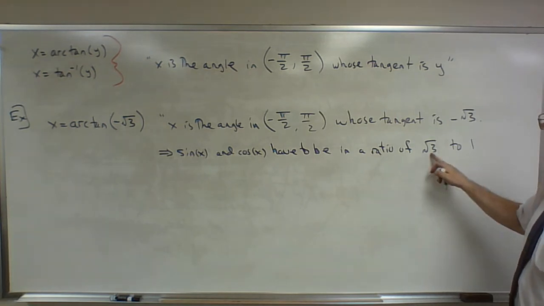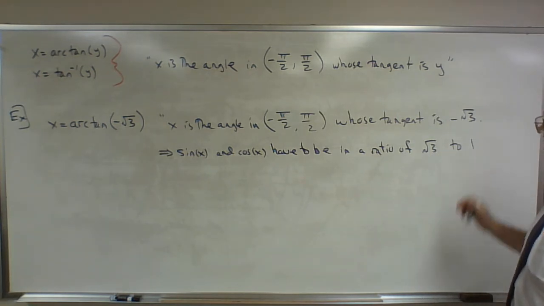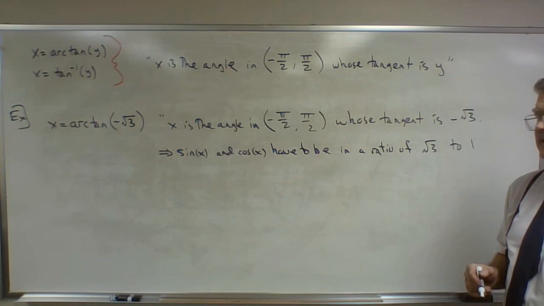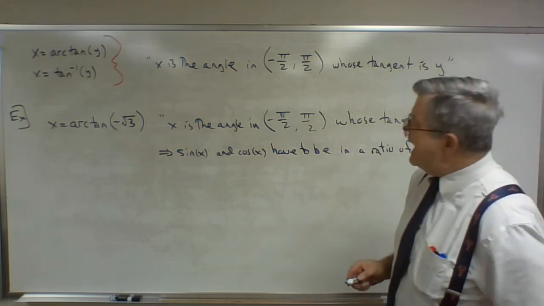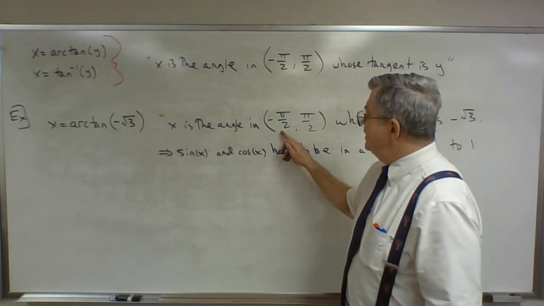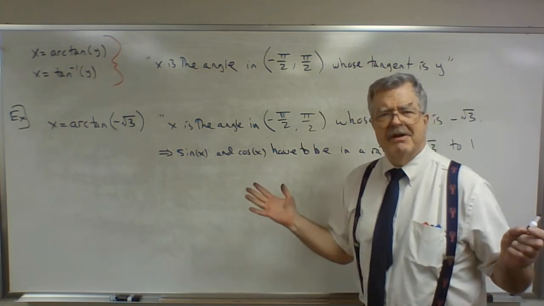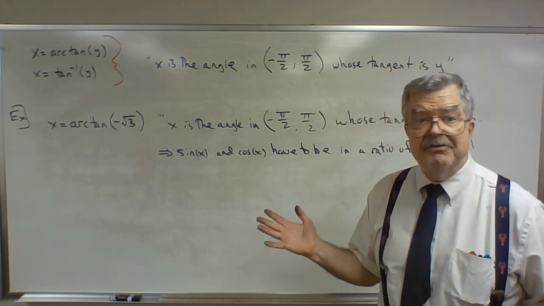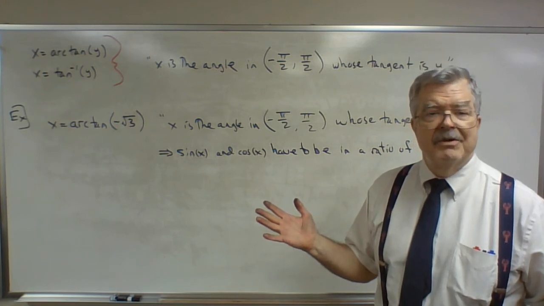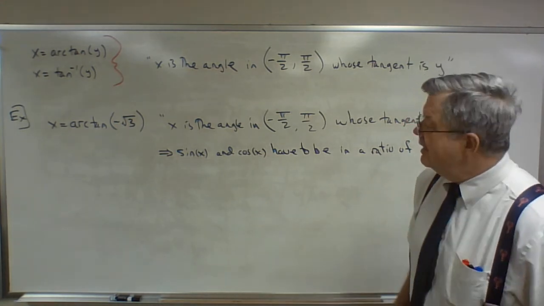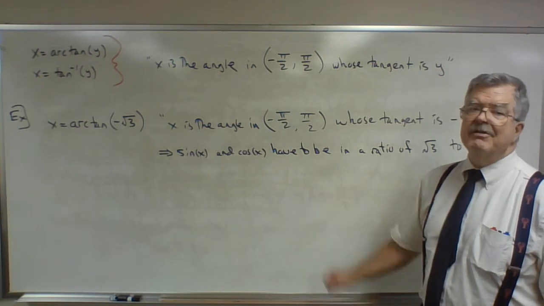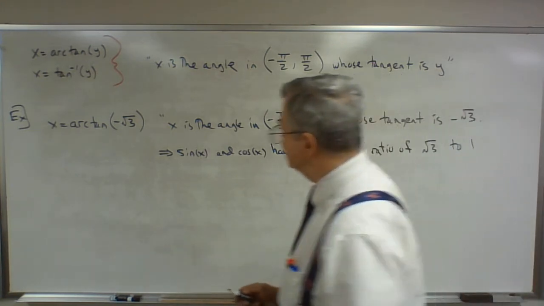And we want sine and cosine to be in a ratio of square root of 3 to 1. Well, how many angles between negative pi over 2 and 0 have a sine or a cosine that involves square root of 3? It's either going to be negative pi over 3 or negative pi over 6.